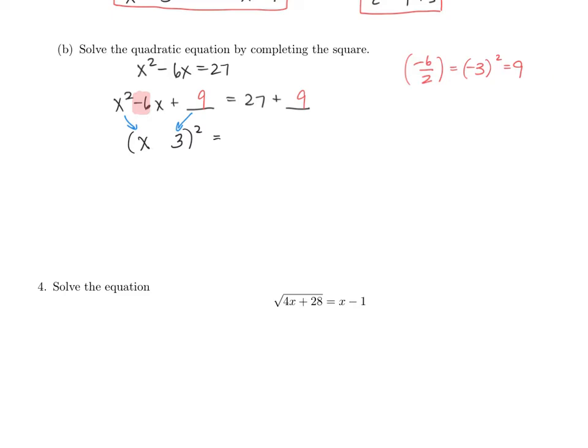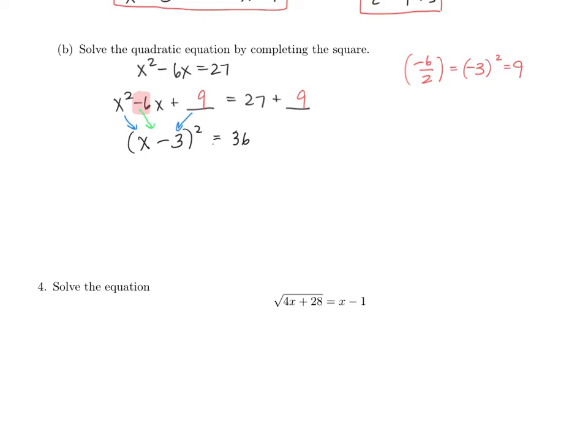The sign always matches the sign from here, okay? And the reason this works is because negative 3 times negative 3 gives you the positive 9 at the end, and negative 3 plus negative 3 gives you the negative 6 in the middle. This is always how this will work. It will always be a binomial squared. And then on the right-hand side, you're going to combine like terms, and so you'll get 36.